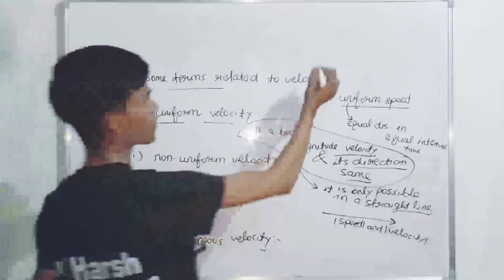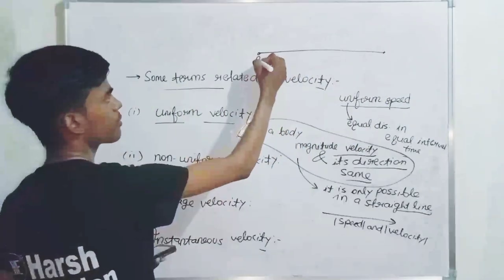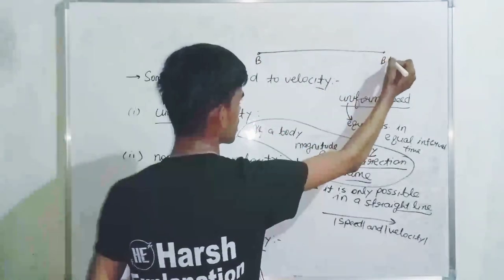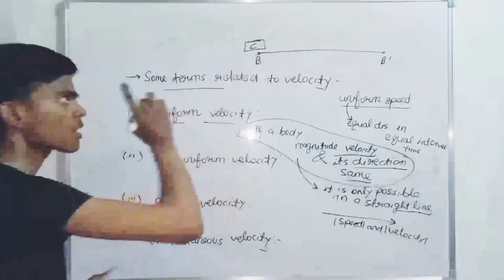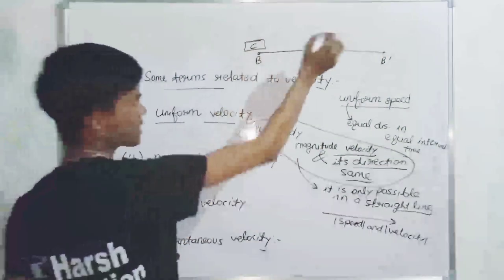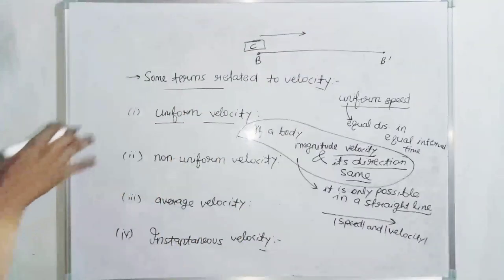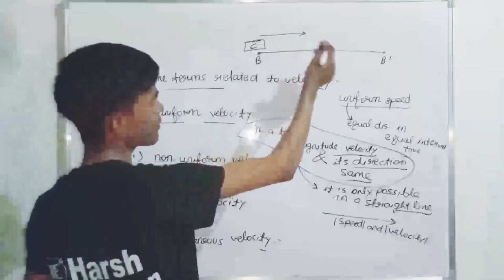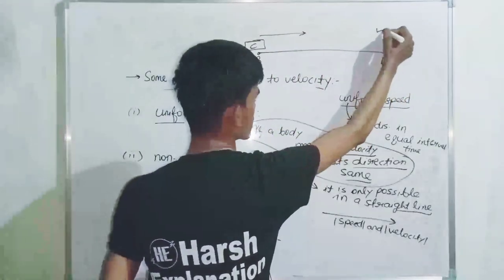I will give an example here. Suppose a body, here a car, is traveling from B to B dash position. Suppose it is traveling in such a manner that after every interval of time its direction is the east direction.